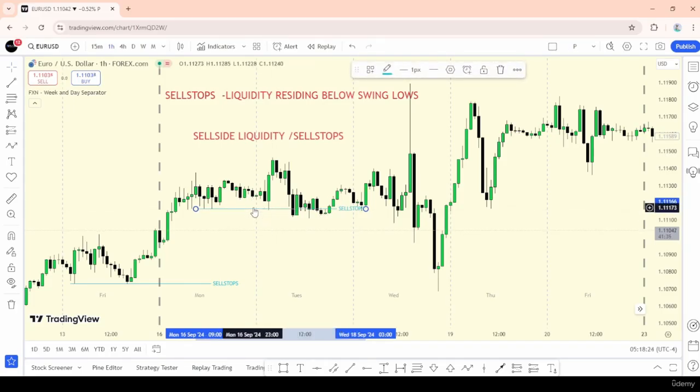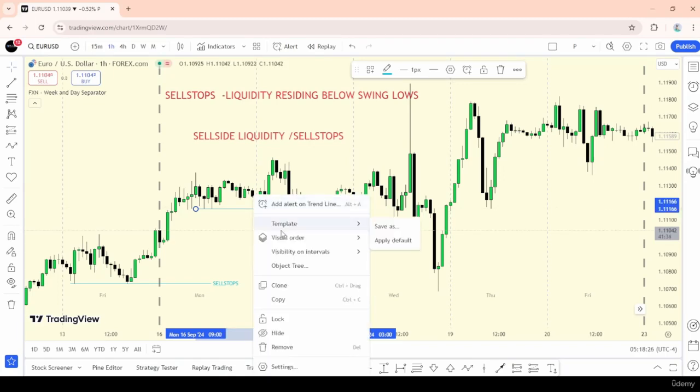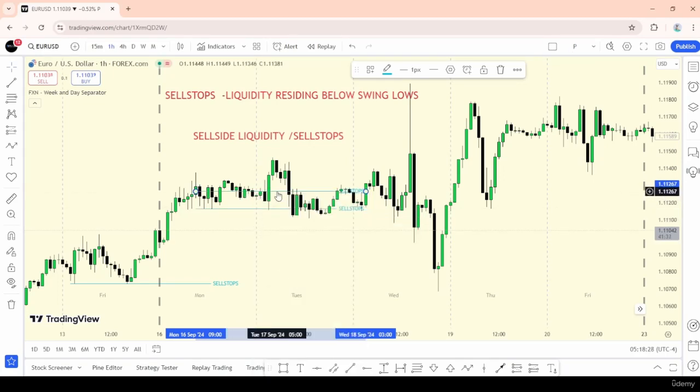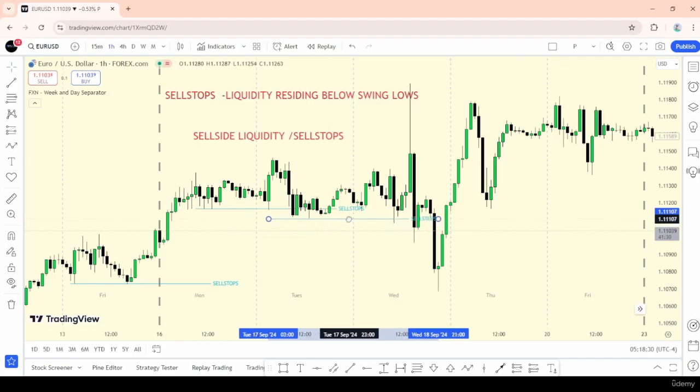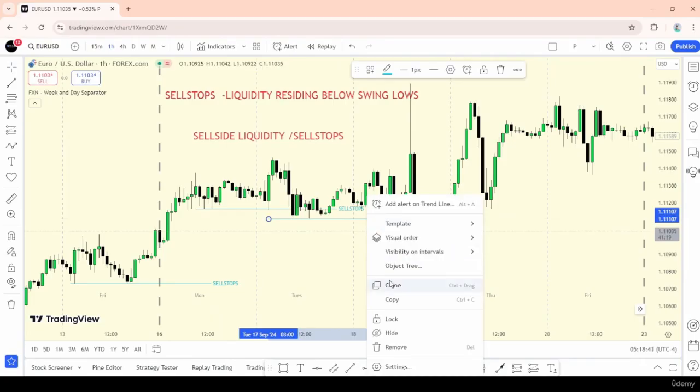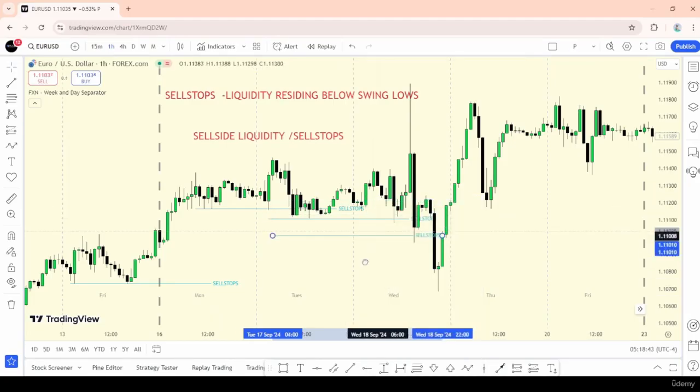So these are the sell stops that I'm basically teaching you about. The third one is this one. We can see that immediately price comes to these lows, it further runs higher. There's also this one, the next one.